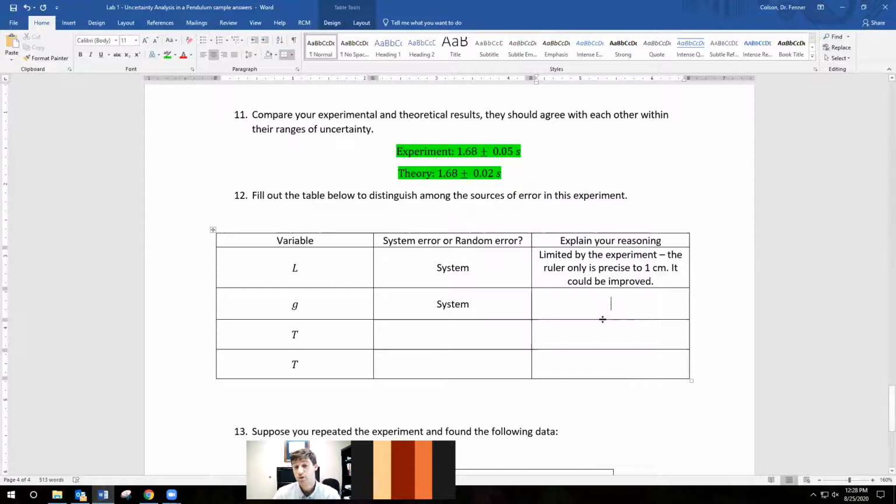And so if you could have a better measurement of gravitational acceleration g, that would be some way to improve the experiment. So it's a part of the system.